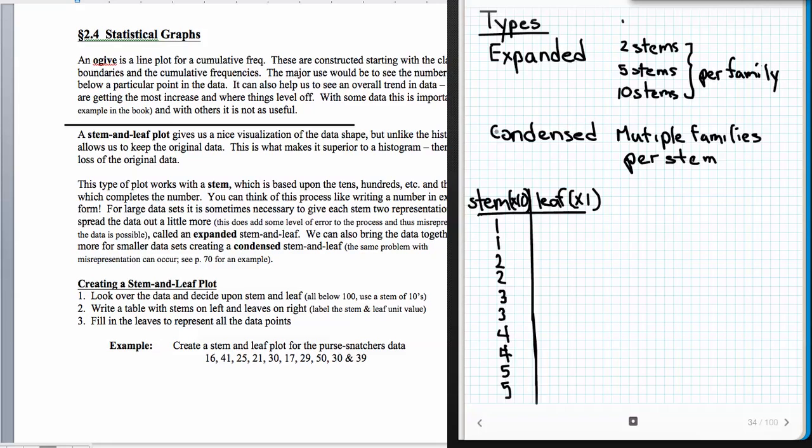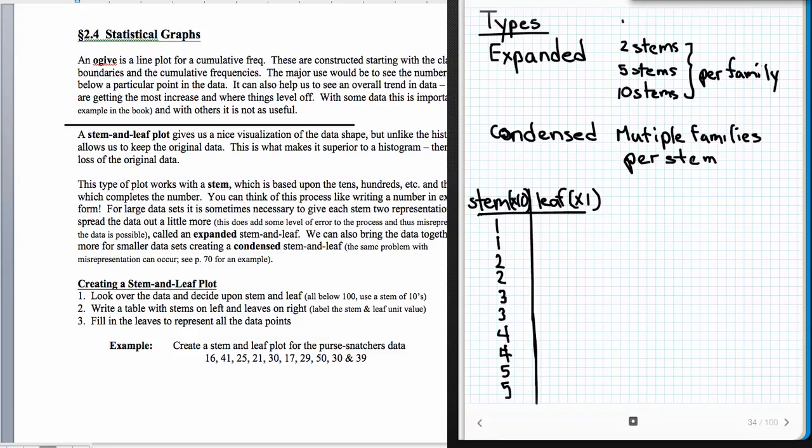Now a condensed stem and leaf, which I don't spend any time really focusing on, if you want to see an example of a condensed stem and leaf, look at the exercise set on page 70 of your textbook. And these have multiple families per stem. So we may have 10s through 20s in one stem.